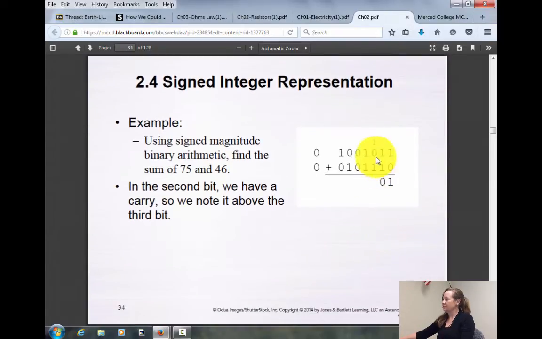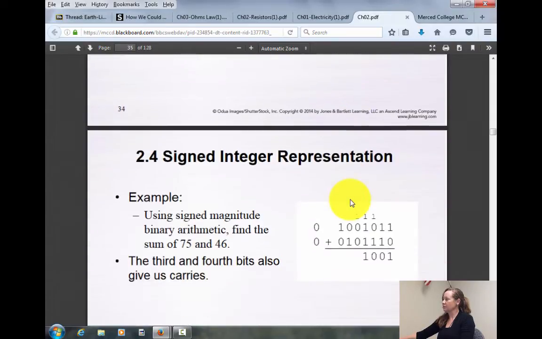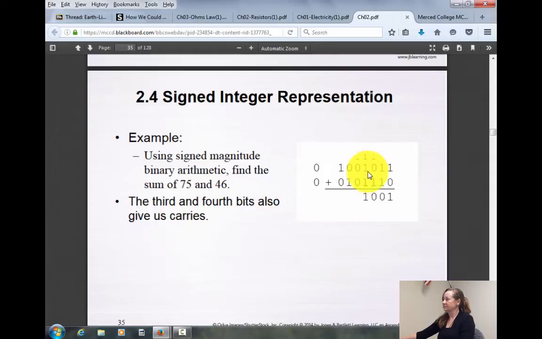And then you add and you'll get 2 again. And then what's 1 plus 1 plus 1? 3. But how do you write a 3 in binary? A 1 and a 1. So you write down your 1's place and you carry your 2's place. See how we're adding here? And then we just add down again.